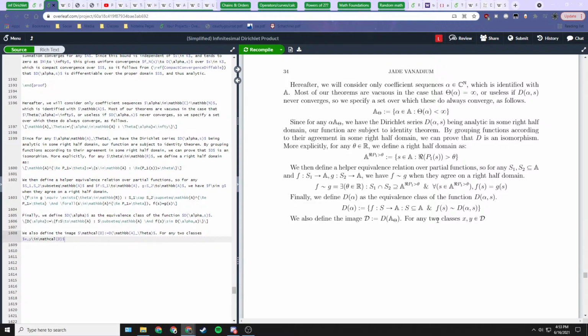For any two classes x, y in script D, we can define the sum and product as follows. x plus y is defined as the set of h, which maps S to A, such that h relates to f plus g, such that f is in x and g is in y.